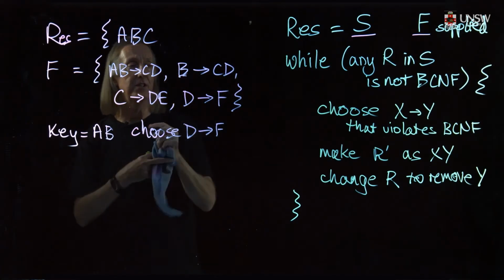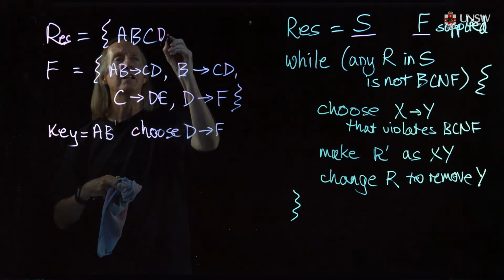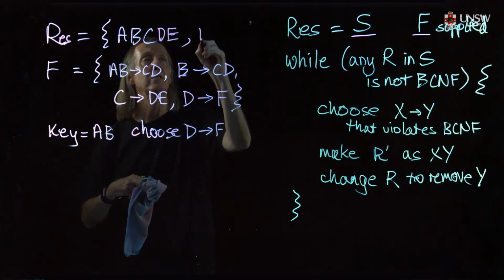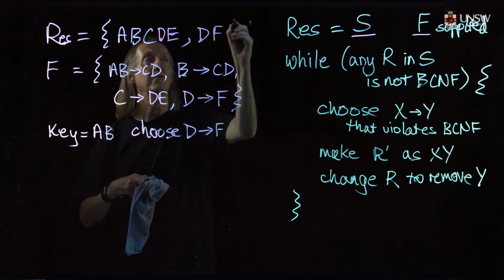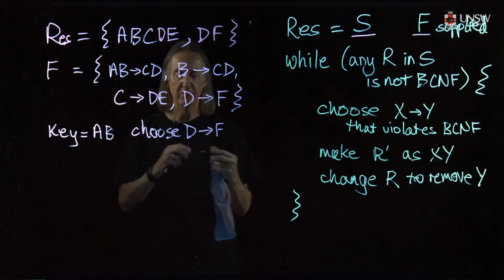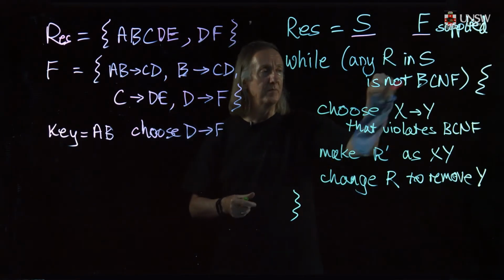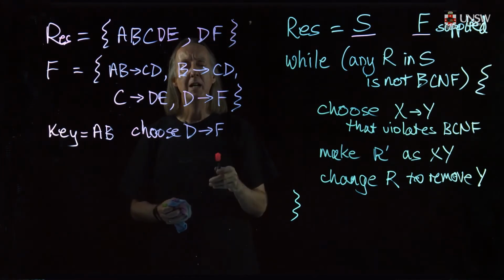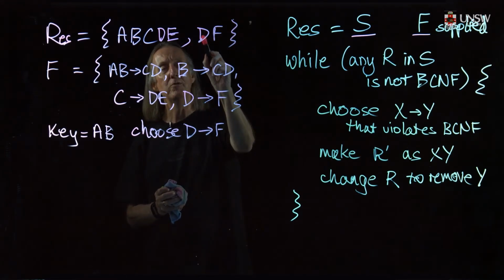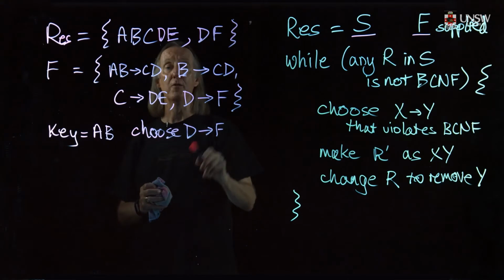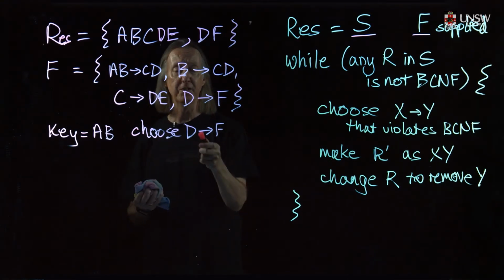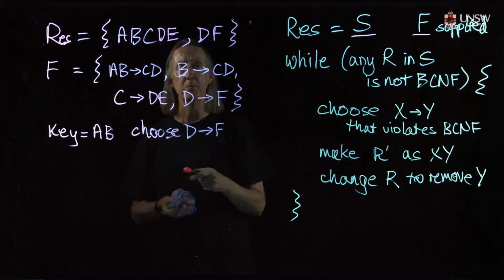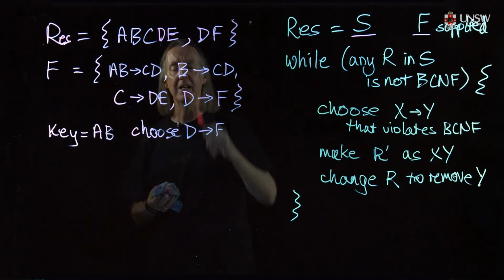So we still have D, we still have E, but now we have a new table, DF. Now it should be patently clear from the definition of BCNF I gave before that this table has only a key on the left-hand side of all of the relevant functional dependencies. That functional dependency is not relevant because it contains attributes C and E, which aren't part of this table.